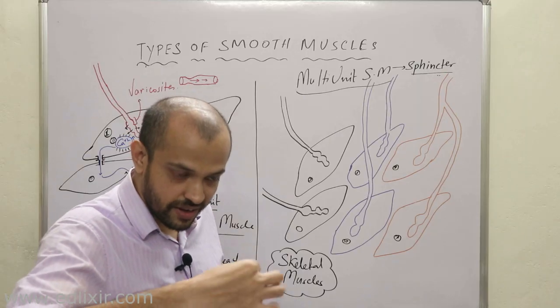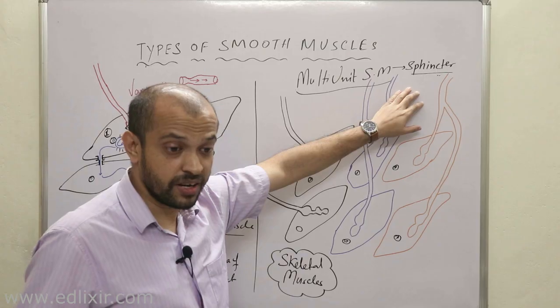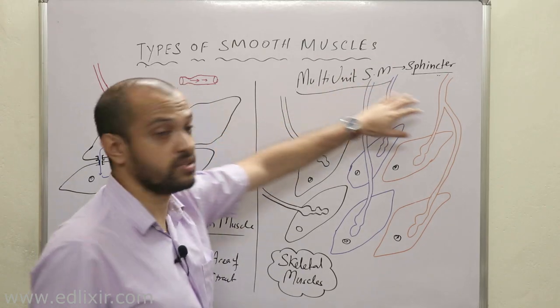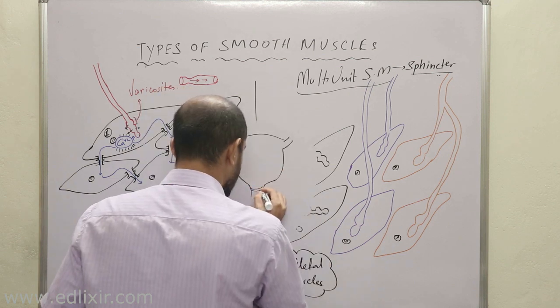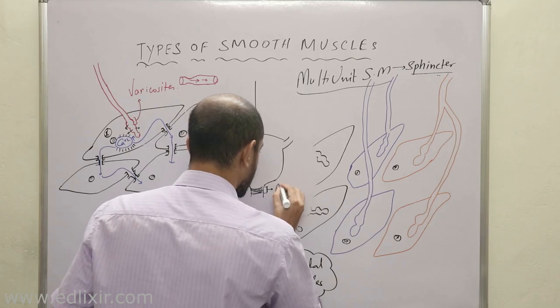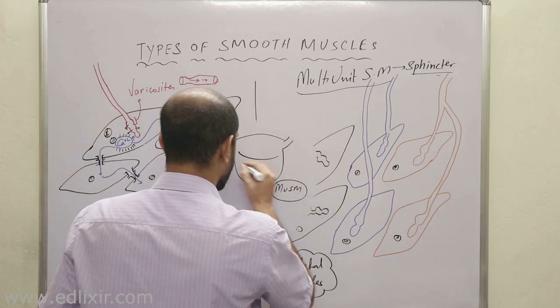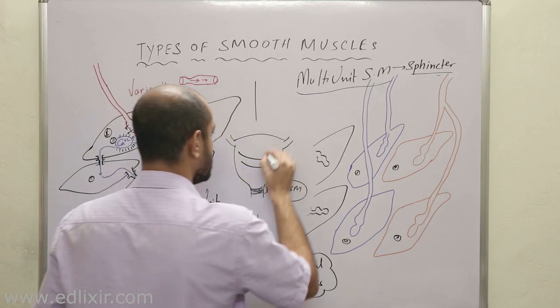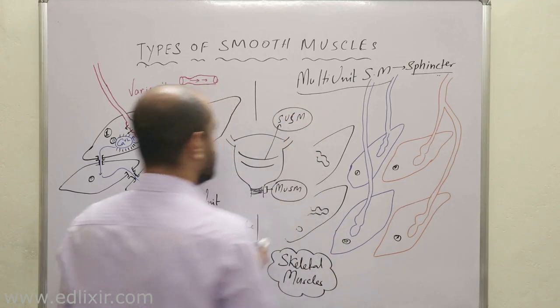But the urinary bladder sphincter is actually made up of multi-unit smooth muscle. That means, suppose this is your bladder, and this opening of the bladder is controlled by what? This sphincter is multi-unit smooth muscle, right? But the body of the urinary bladder is made up of single unit smooth muscle. Okay? Am I clear to everyone?